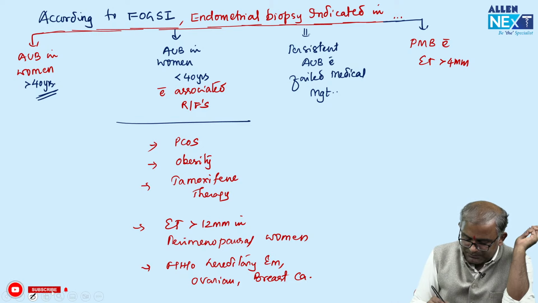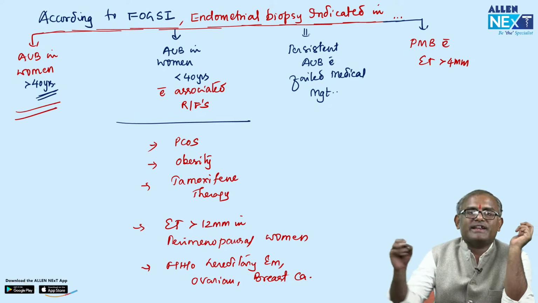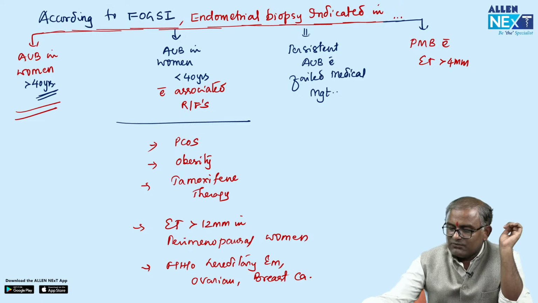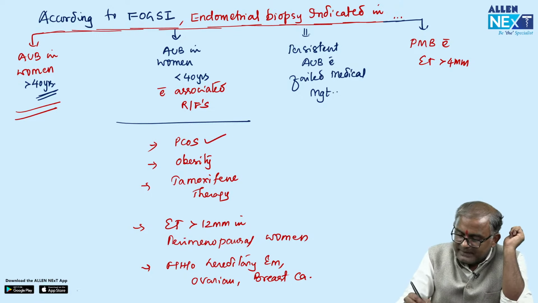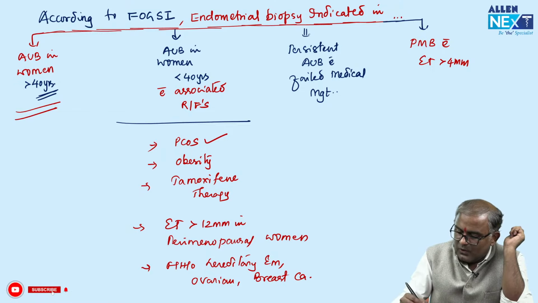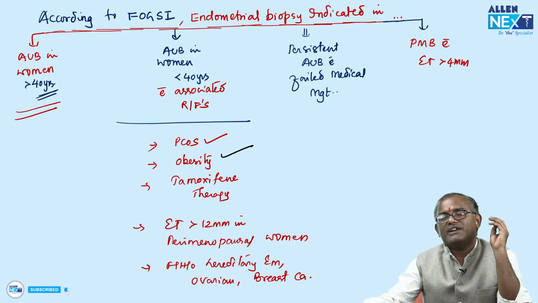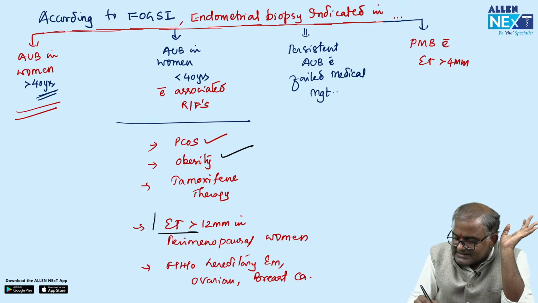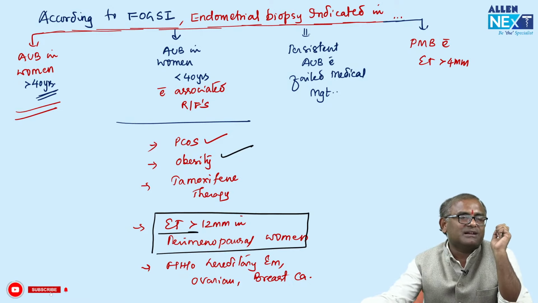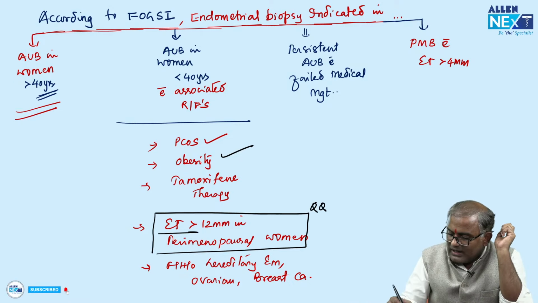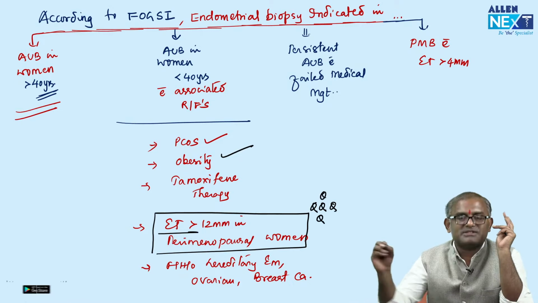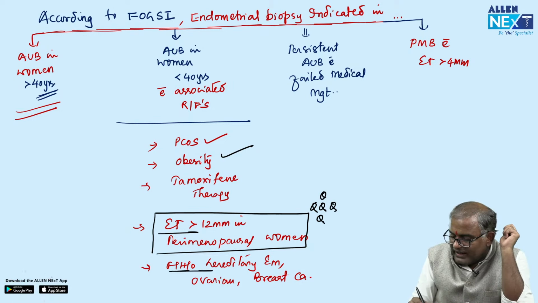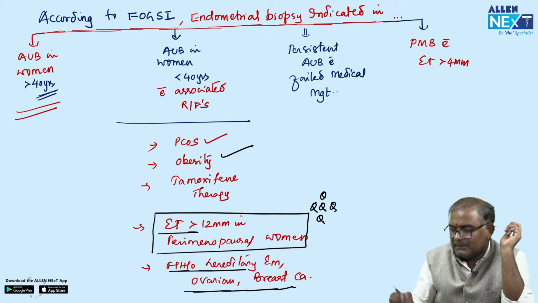Please make a note of it. Understood? So AUB in women more than 40 years. If the woman is less than 40 years, we will search for risk factors like PCOS, obesity, tamoxifen therapy. I told you whenever the woman is on tamoxifen, definitely endometrial thickness is to be monitored. And endometrial thickness more than 12 mm in perimenopausal women, and family history of hereditary ovarian, endometrial and breast CA.